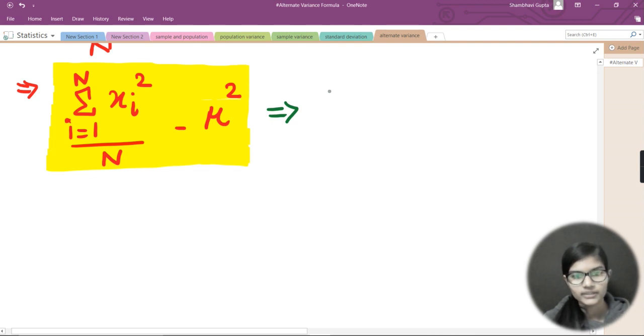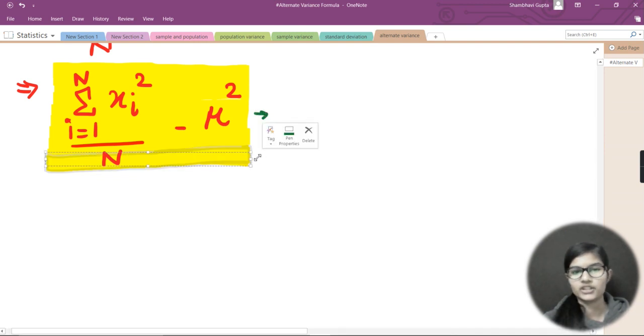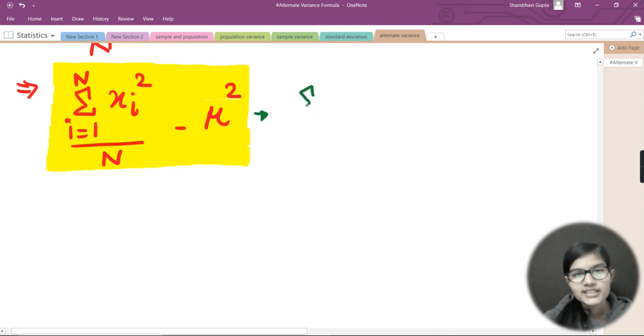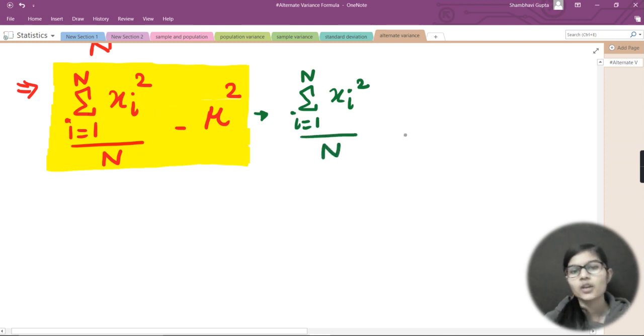I'm going to put this sigma here, sigma i is equal to 1 to capital N. Then I'm going to again write xi square upon n. So this one is the same as I have written. Now what I'm going to do here is write this mu formula. So now let's go upside.